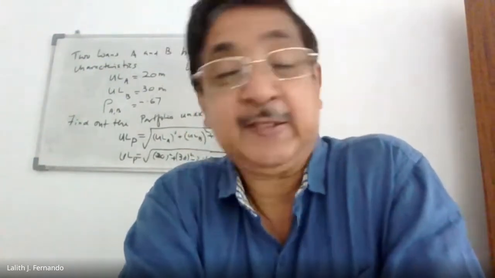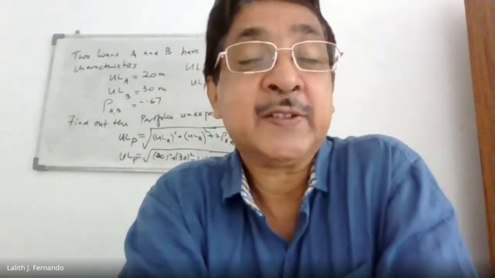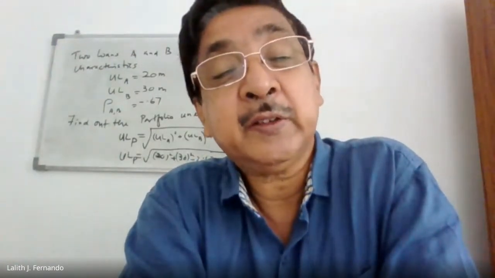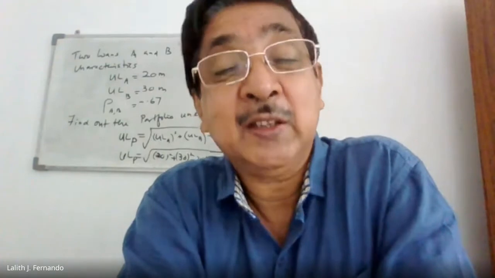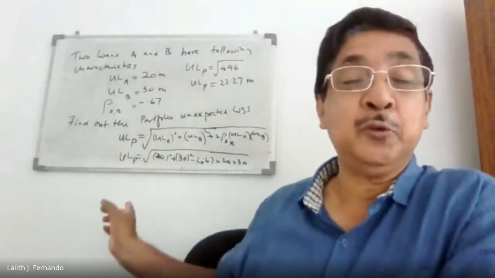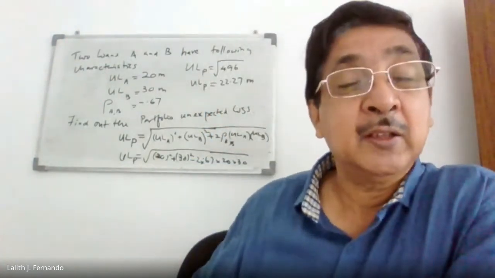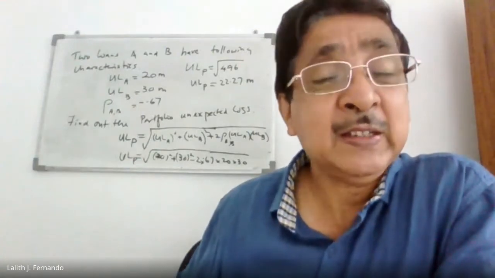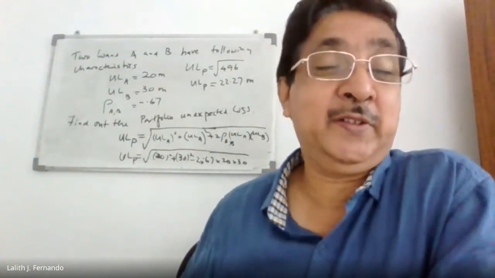But in this case, since it is the unexpected loss, you can't do that. If you had done that, the answer would be 50, is it? But we now know with the formula, the answer is only 22 point something. That is little higher than one loan.